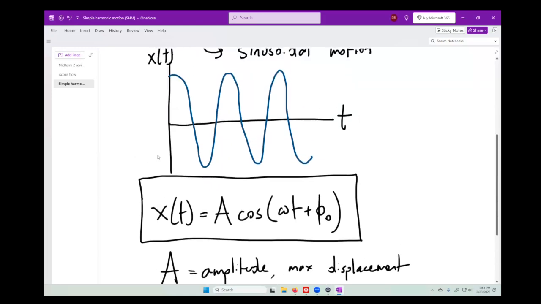The period being the time it takes for the motion to repeat. So in terms of the graph, we could pick any point on the graph and ask how long does it take the motion to get back to that point. In particular, we could look at the time between peaks on the graph.